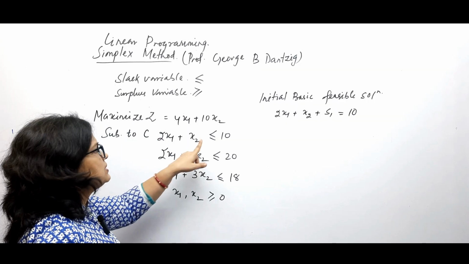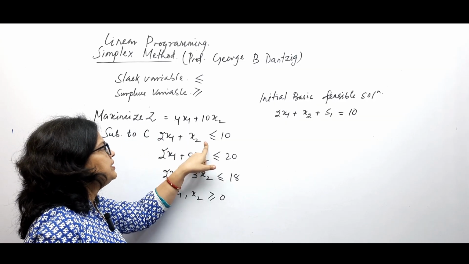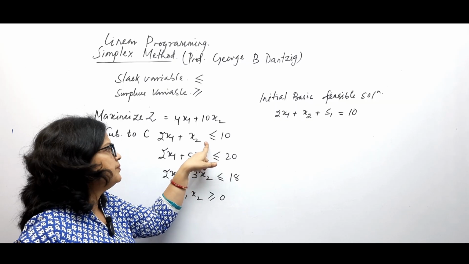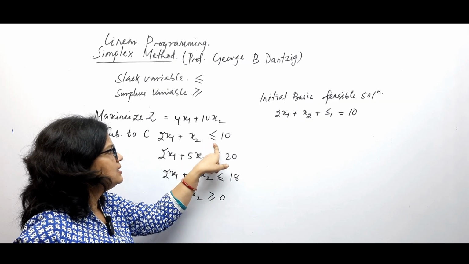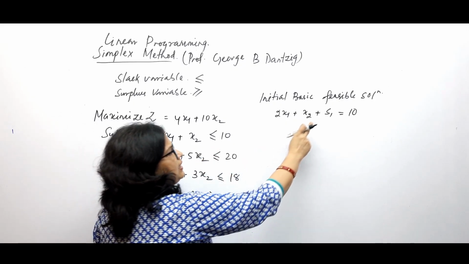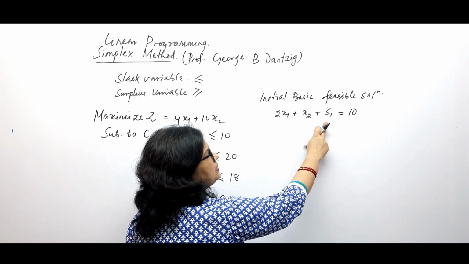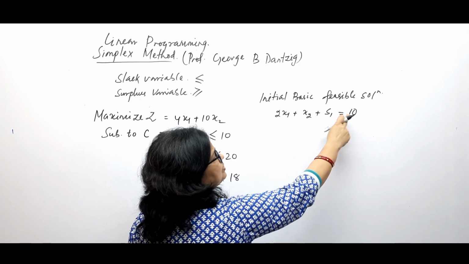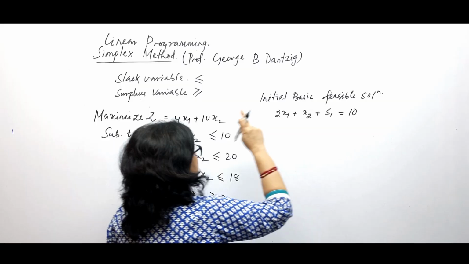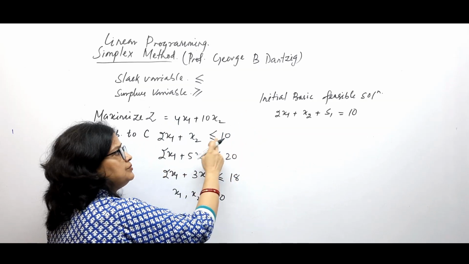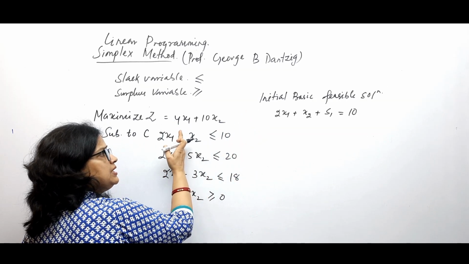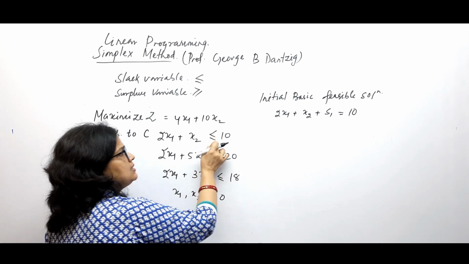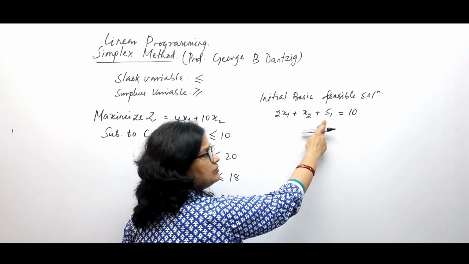See, we are using the slack variable to make the constraint into an equality. As this is in less than or equal to form, we are adding a positive number to the left hand side of the equation to make it an equality. That small value is called our slack variable.